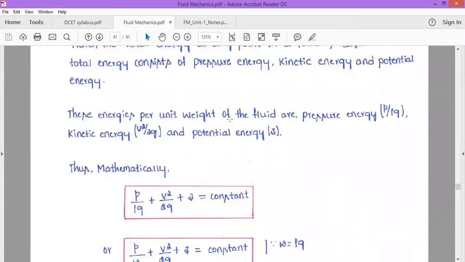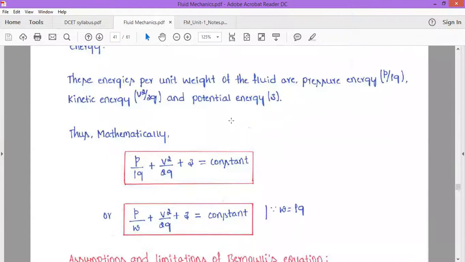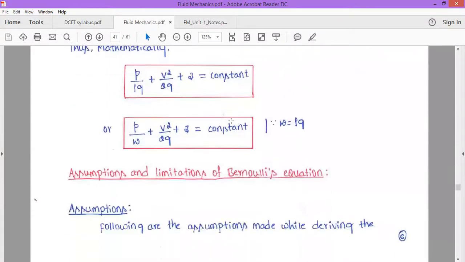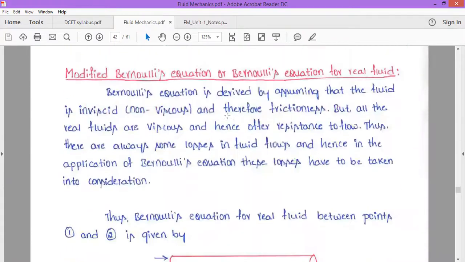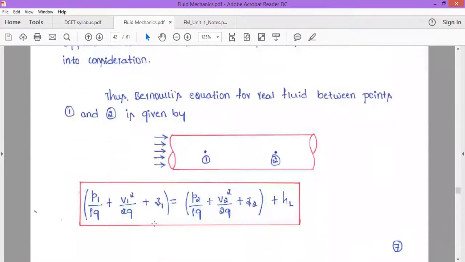Now let's discuss Bernoulli's principle or the Bernoulli's theorem. This is applicable only for ideal fluids. Okay. Now let us consider two different points, 1 and 2. Let us consider the fluid is flowing from point 1 to point 2. Now, this term gives us the total energy at point 1, that is P1 by rho g plus V1 square by 2g plus Z1.